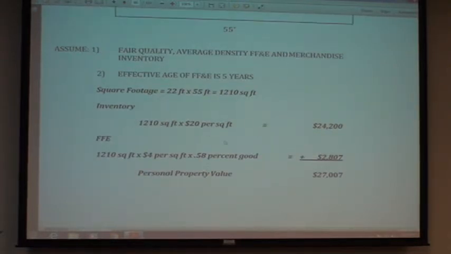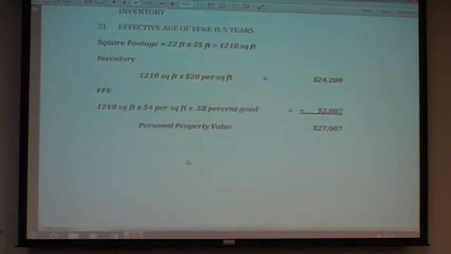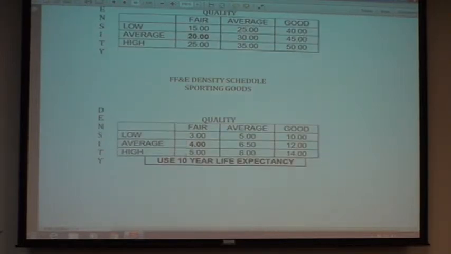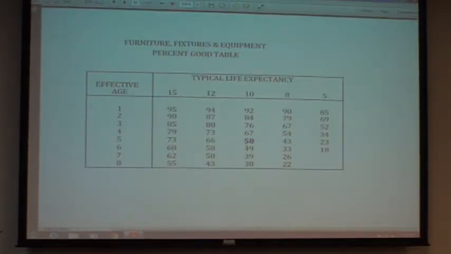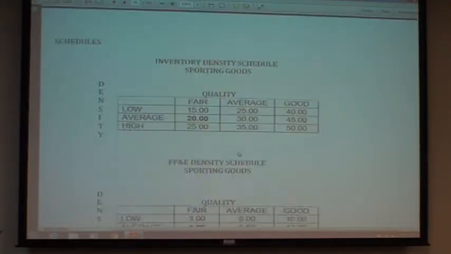So we come up here, we do the 22 times 1210 times 20 for the inventory, 1210 times $4 for the furniture and fixtures. Then we also said effective age is 5 years, and it's got a 10-year life. So we're gonna come down here and use 58% there.